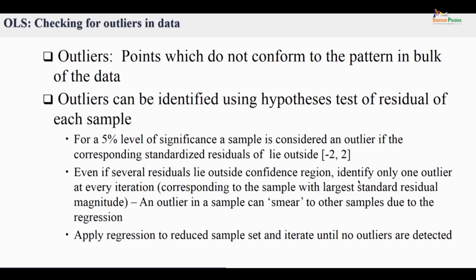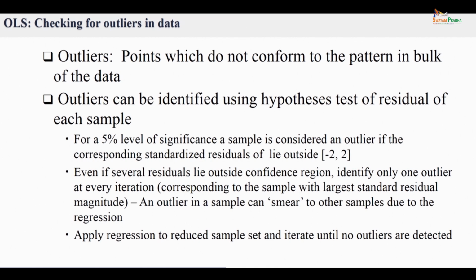We only throw out the one that is most offending, which is the sample with the largest standardized residual magnitude, furthest away from -2 or +2. That's the one we take and remove. Once we remove that, we again run a regression on the remaining samples, and again run this outlier detection test. So we remove only one outlier at a time.